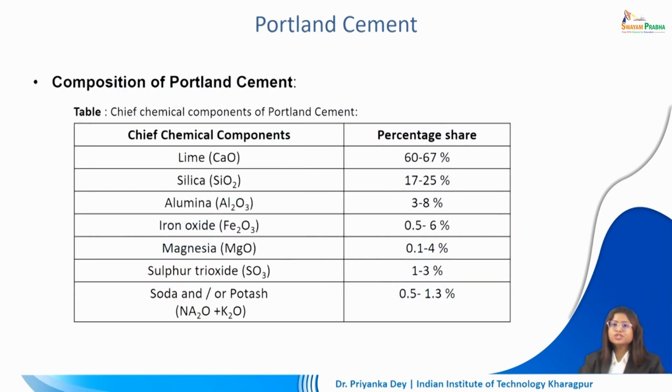The basic composition of Portland cement is that it includes lime, silica, alumina, iron oxide, magnesia, sulfur trioxide, soda or potash. Mostly lime and silica form its constituent parts.